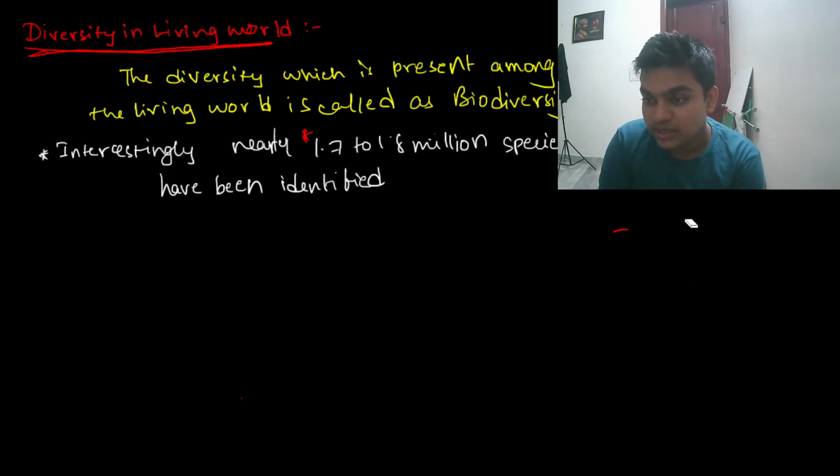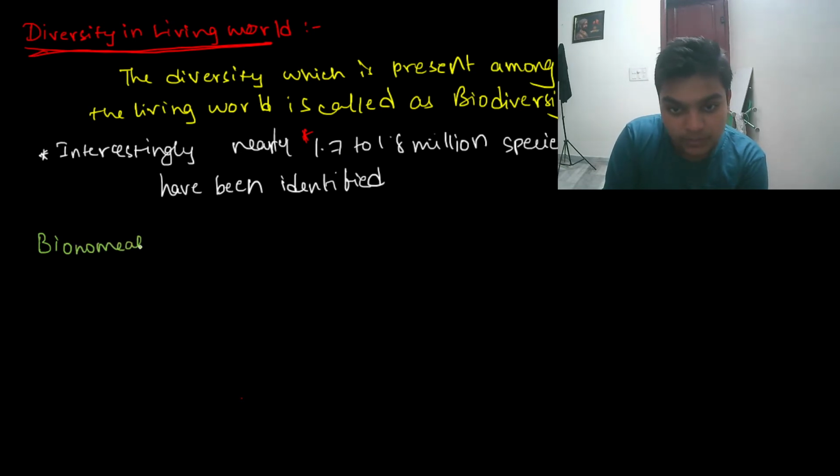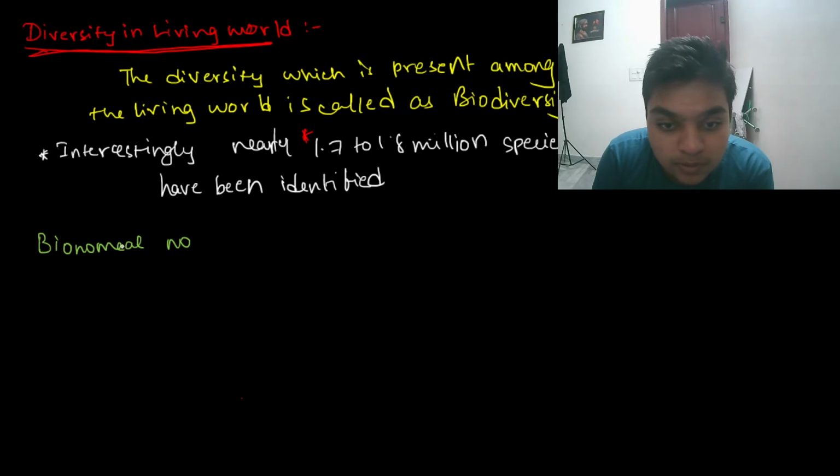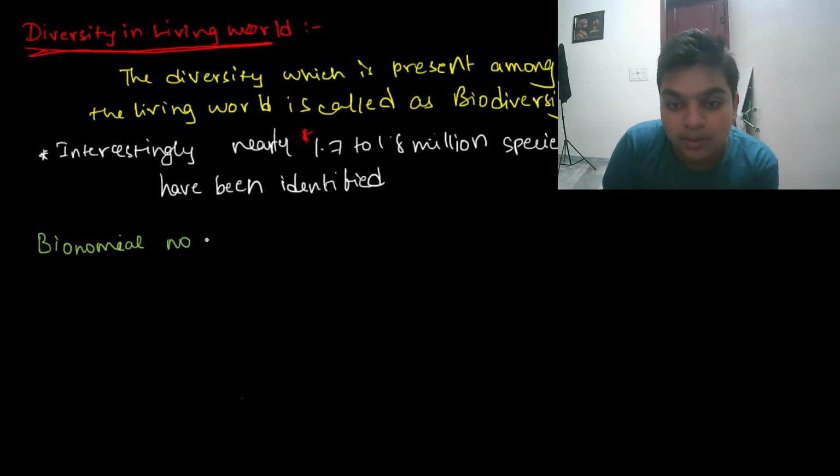We will be discussing this now. And this nomenclature is specifically called binomial nomenclature. Why? Because it contains two parts. Binomial nomenclature.